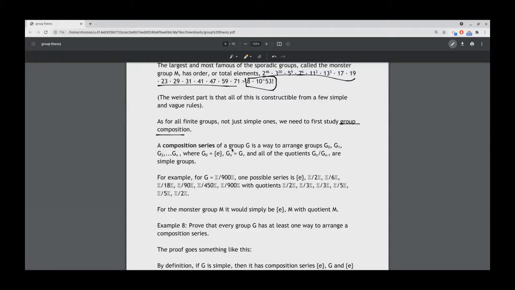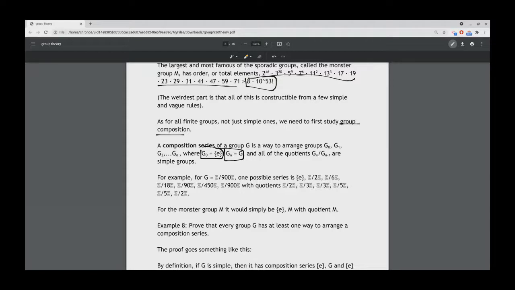A composition series of a group G is a way to arrange groups G0, G1, G2, all the way to Gn, where G0 is equal to E, Gn is equal to G, and all of the quotients Gn over Gn minus 1 are simple groups. So if we only have n equals 3, G0, G1, G2, G3, then all of the quotients G3 over G2, G2 over G1, and G1 over G0 are simple groups.